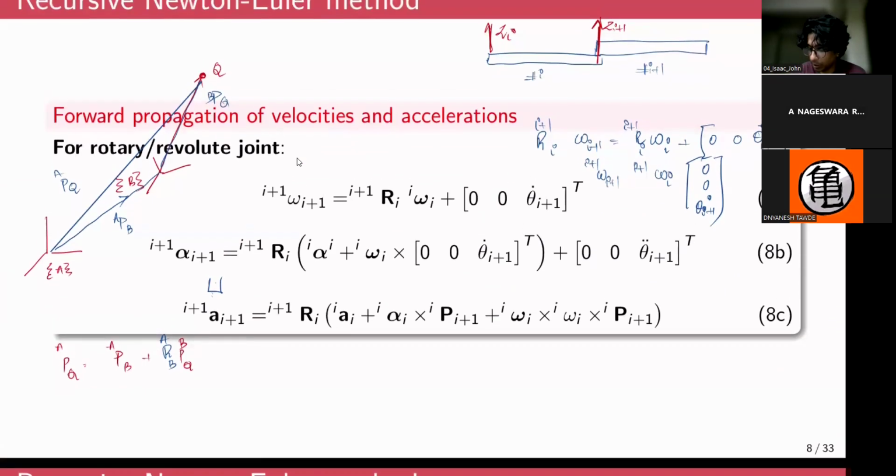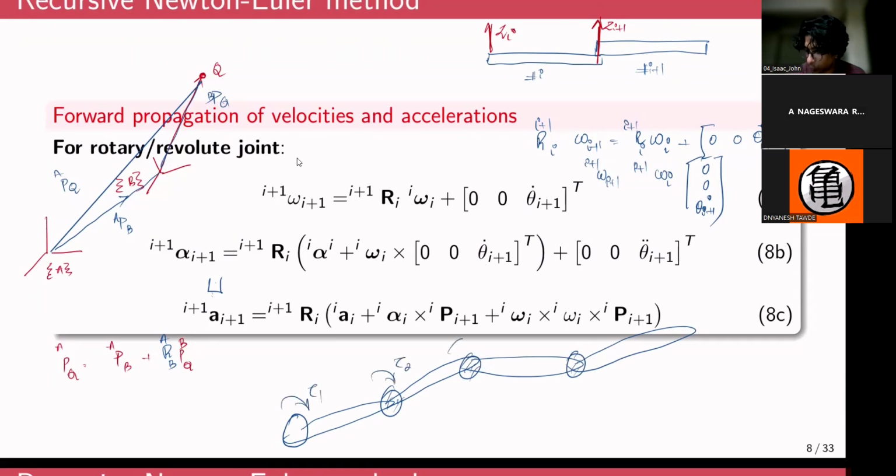For example, you will basically have a serially connected rigid body, right? And the input that you would be giving are in terms of the torques acting on each of the joints. If this is tau 1, tau 2, tau 3, and tau 4. And then you'll also have an idea about how much each of these joints is rotating, right?